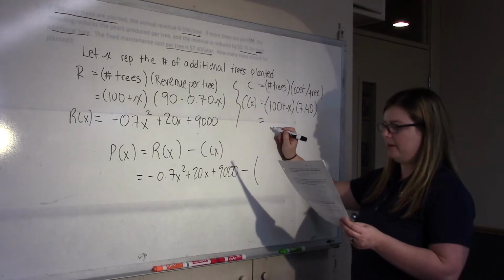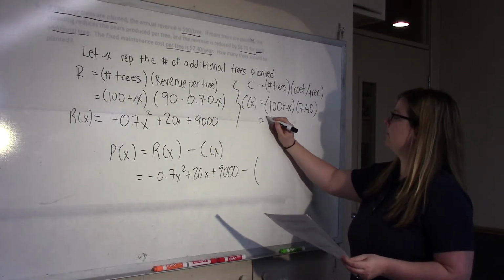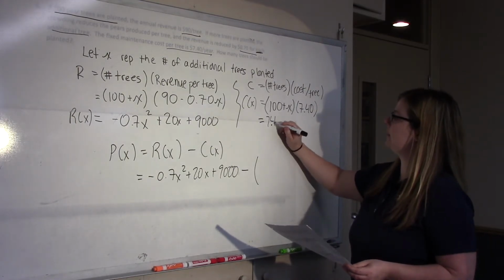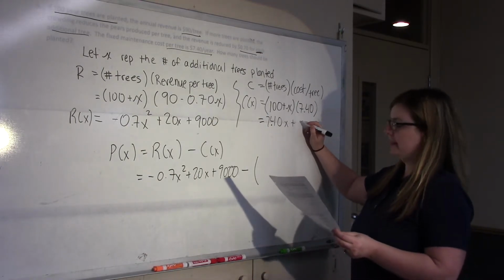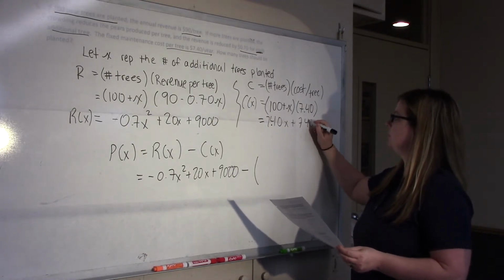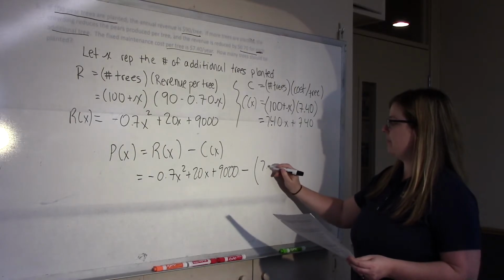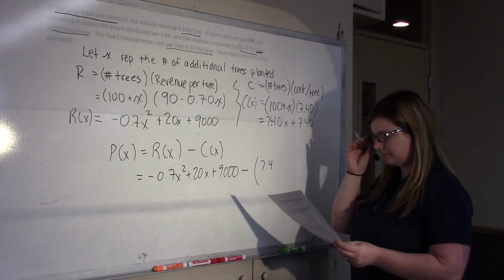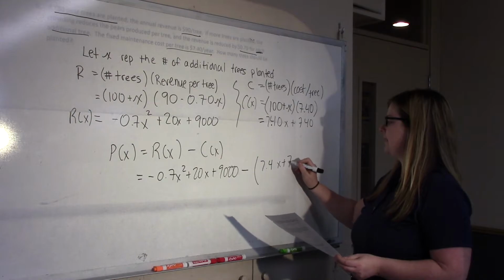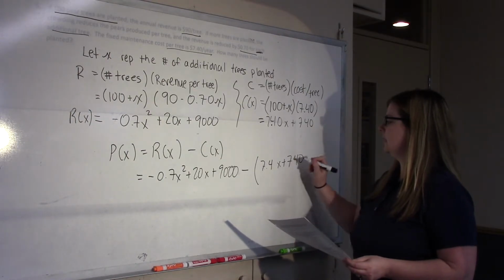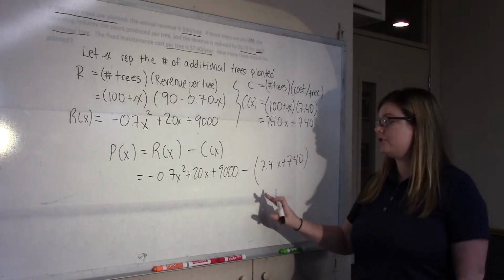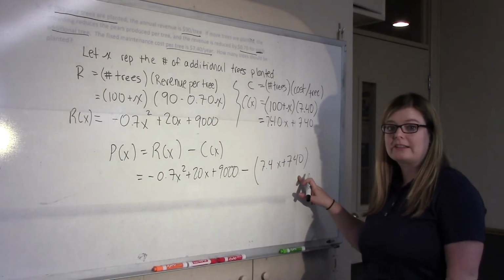You can simplify it up here. This is just 7.40x plus 740. Make sure this is in brackets to show that you're subtracting the entire cost function.